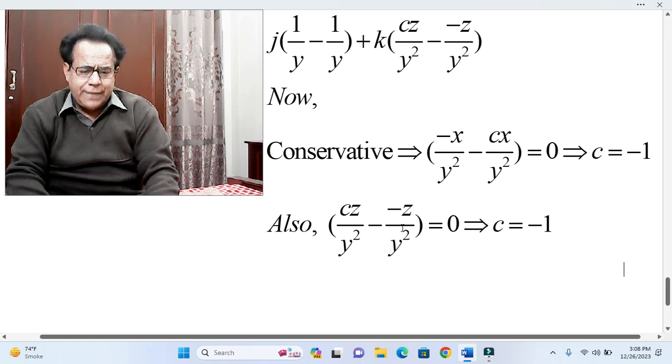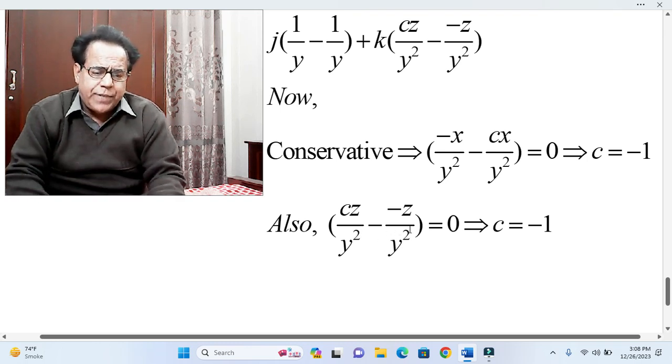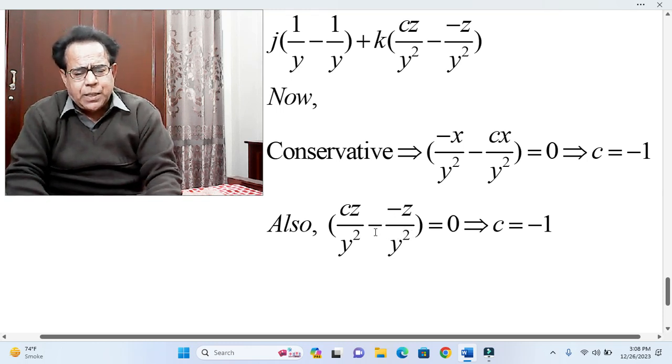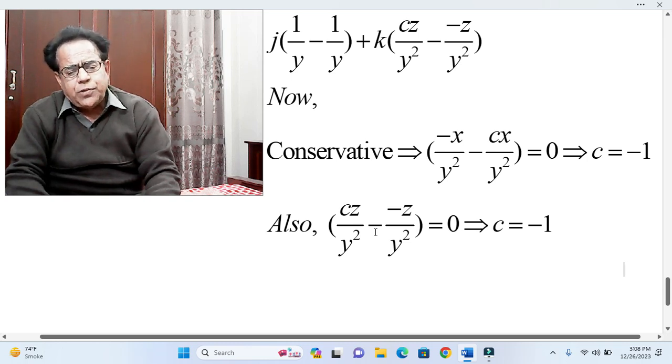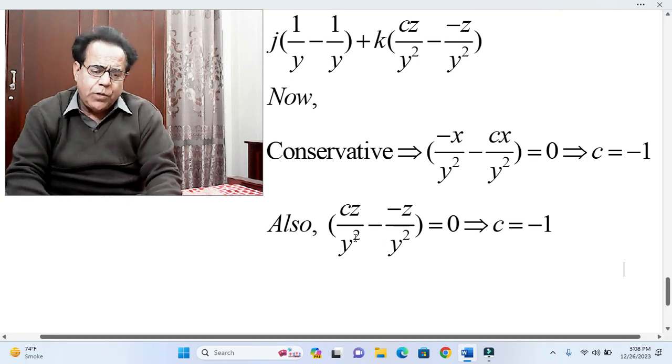If shifted to the other side, it will become minus z over y square, because after being shifted to the other side of equality, it will once again become minus. So cz over y square equals minus z over y square.